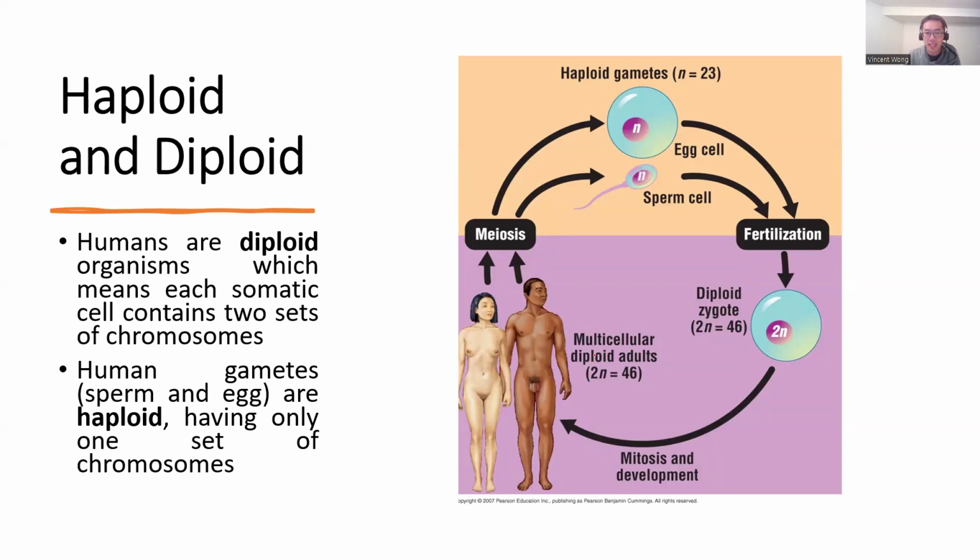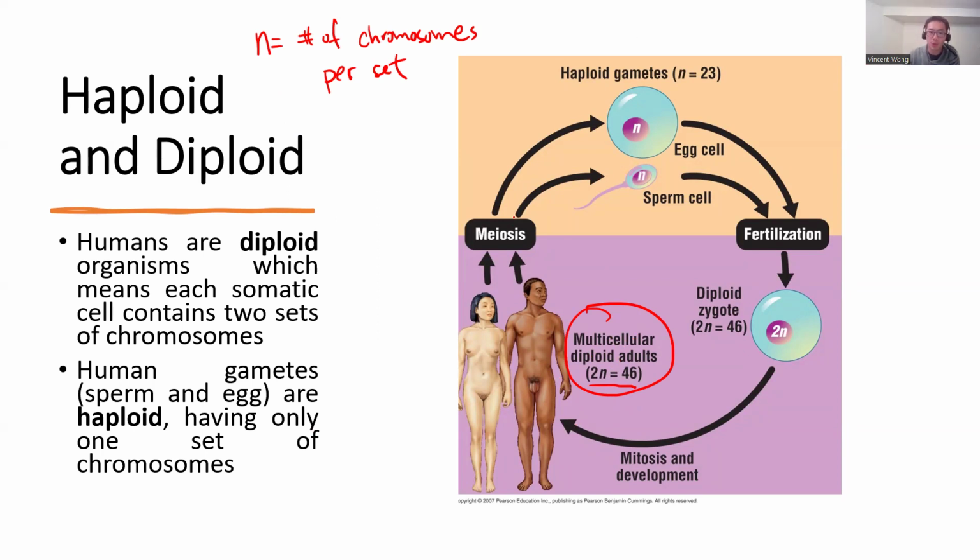In this picture, we can see the adults, 2n equals 46, and n here equals the number of chromosomes per set. So two sets would be 2 times 23, which is 46.